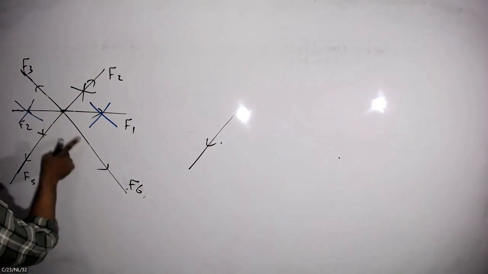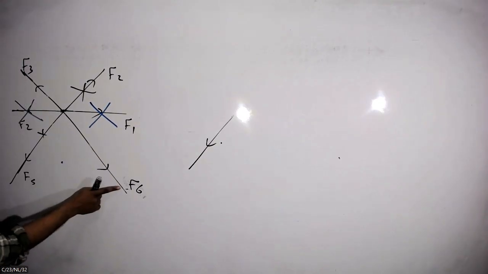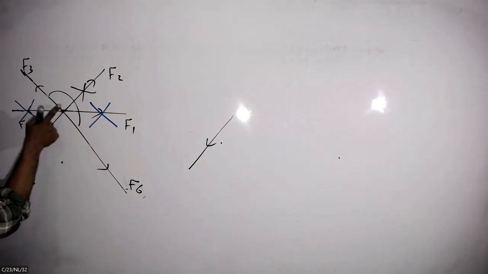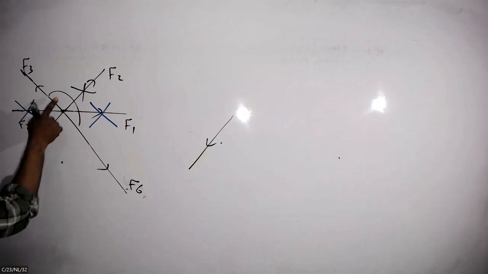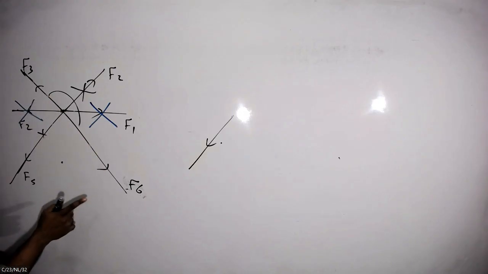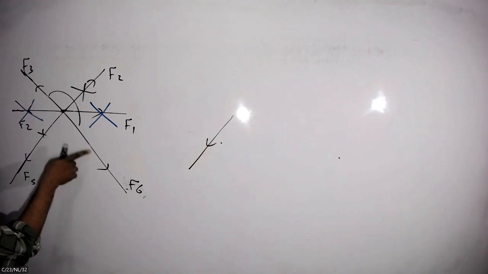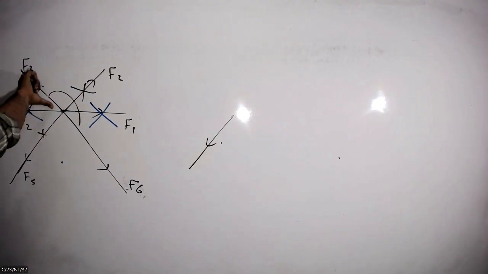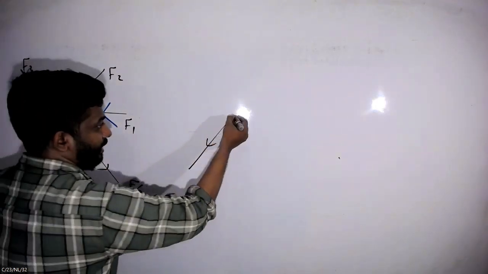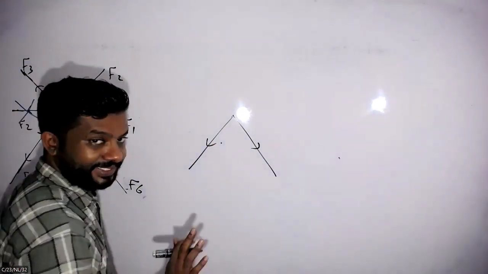Same thing happens here. F3, F6 are acting in opposite direction. Angle between the two vector is 180. And again, you can observe that the length of this line segment is about twice the length of this one. Therefore, you can reduce this length. Got it?